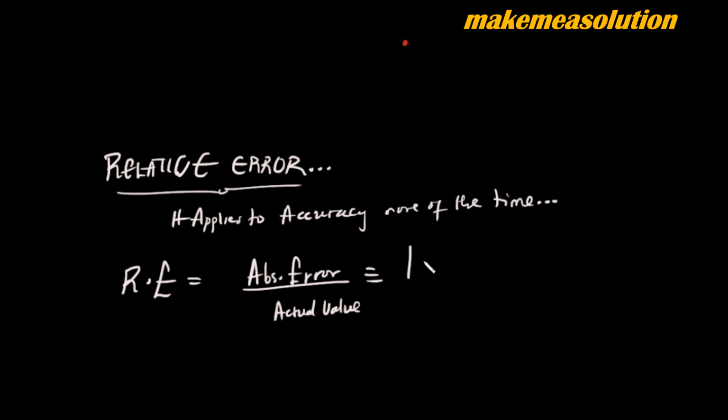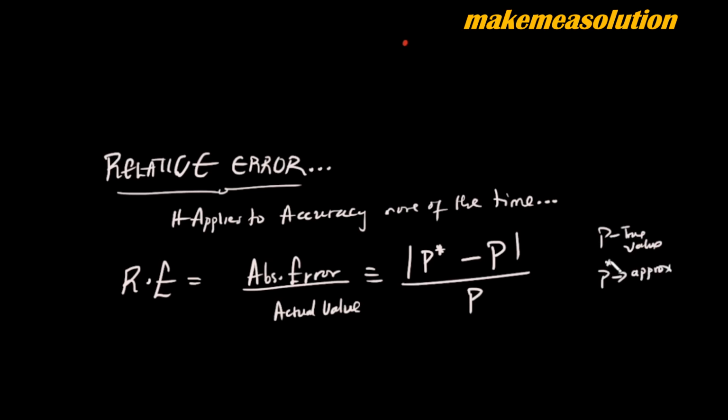So I'll have the approximation minus the true value, divided by the true value itself. So this is the true value, P is the true value, and P is the approximation, or measured value. So this is relative error for accuracy.